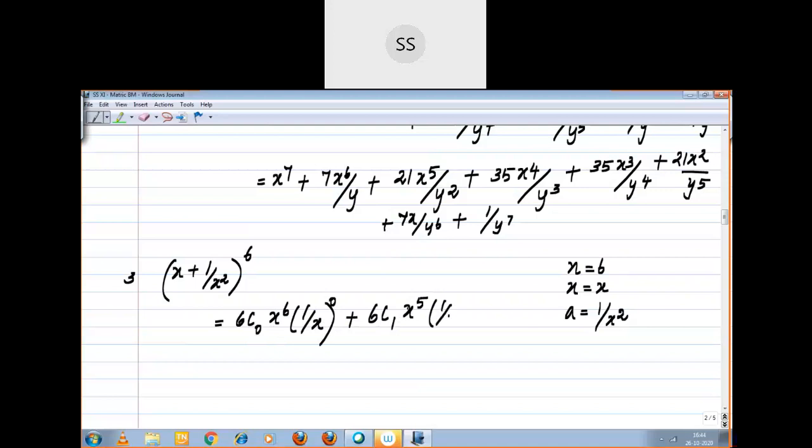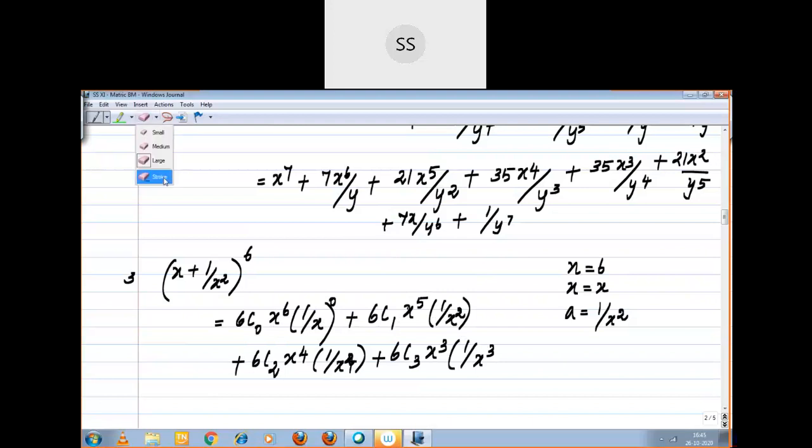The power of the first term is decreased. The power of the second term is increased. Plus 6c2 x power 4 into 1 by x square, plus 6c3 x power 3 divided by... sorry, here x square, then it becomes 4. 1 minute children.